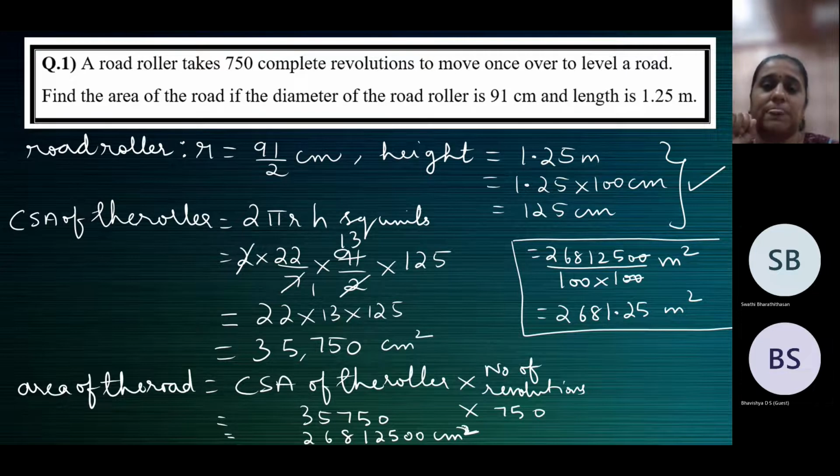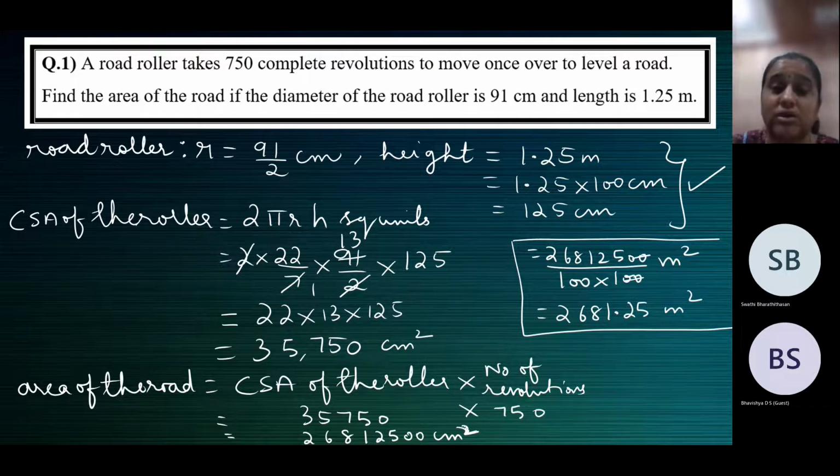In one revolution, whatever is the curved surface area of the roller, that area is the area covered on the road. So the area of the road in one revolution is 2 pi RH.